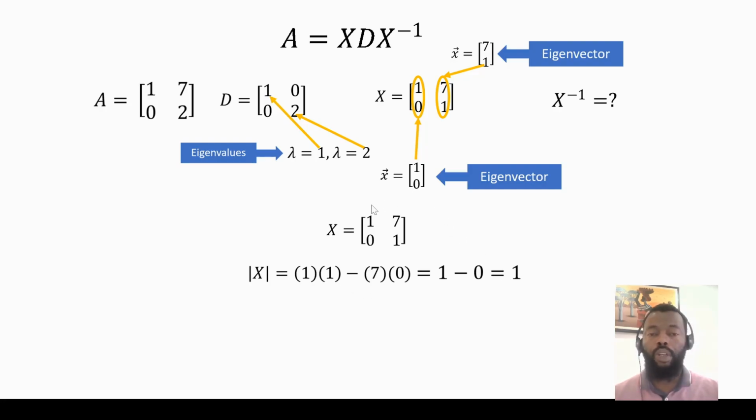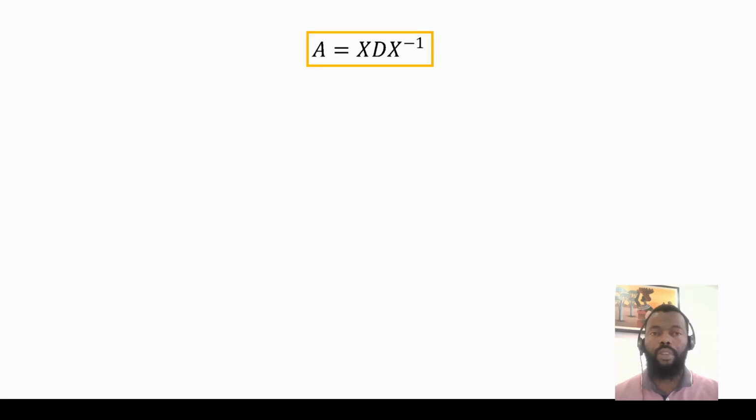And now we will switch the values in the main diagonal and multiply the other entries by negative 1, and we divide this result by the determinant. The inverted matrix will be equal to 1, -7, 0, and 1.